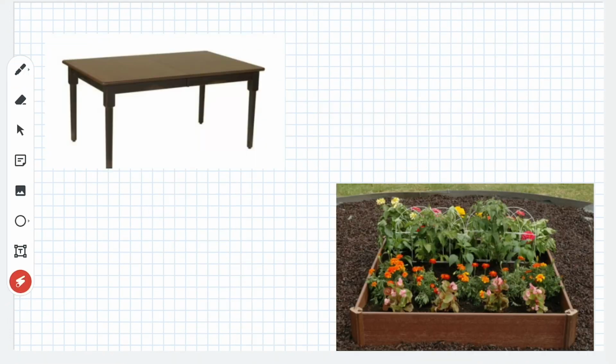Let's take a look at these two objects. The first one is a dining room table. If I wanted to find the perimeter of the dining room table, what information do I need to know? Absolutely, I need to know the lengths of each side.